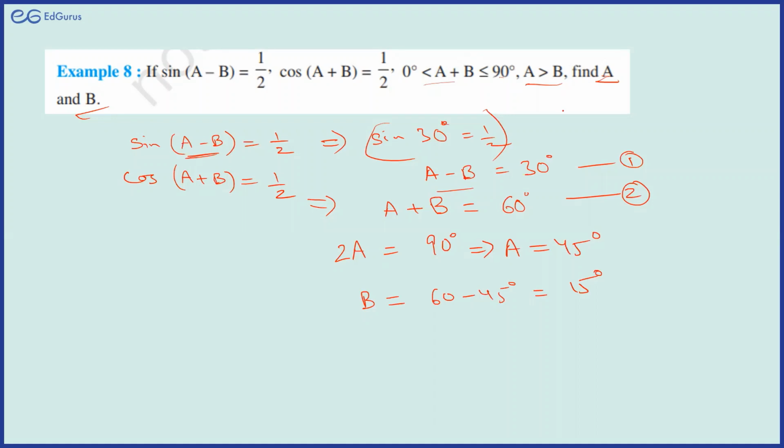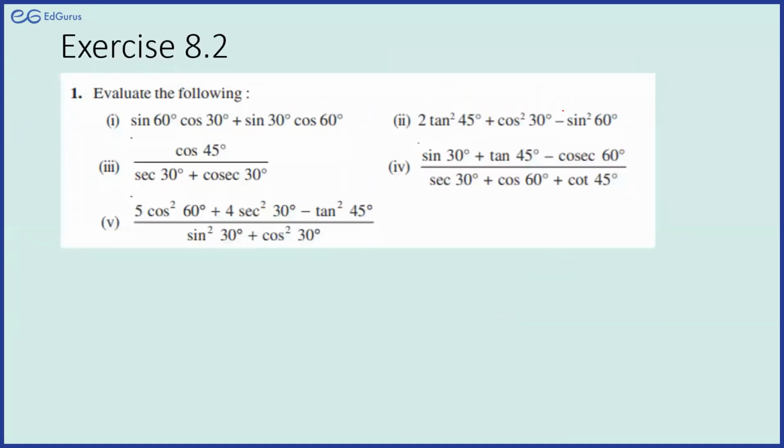Let's continue with the exercise. Now, this is a simple evaluation of values: sine 60 degrees cos 30 degrees plus sine 30 cos 30. All of these angles are the ones that we have studied. So whenever you get such questions, especially now when you are practicing, quickly make a table.